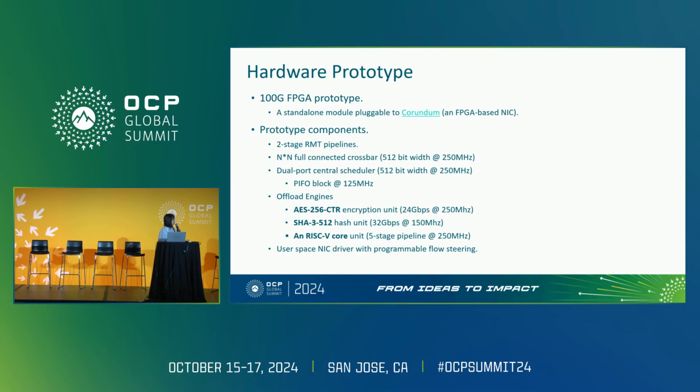We have also implemented our dual-port centralized scheduler, and we implement three different types of offload engine, which contain AES, SHA, and a RISC-V core. We also implement a user space driver for PANIC that allows people to use a kernel bypass interface to directly interact with and receive packets from PANIC, as well as load config into PANIC.